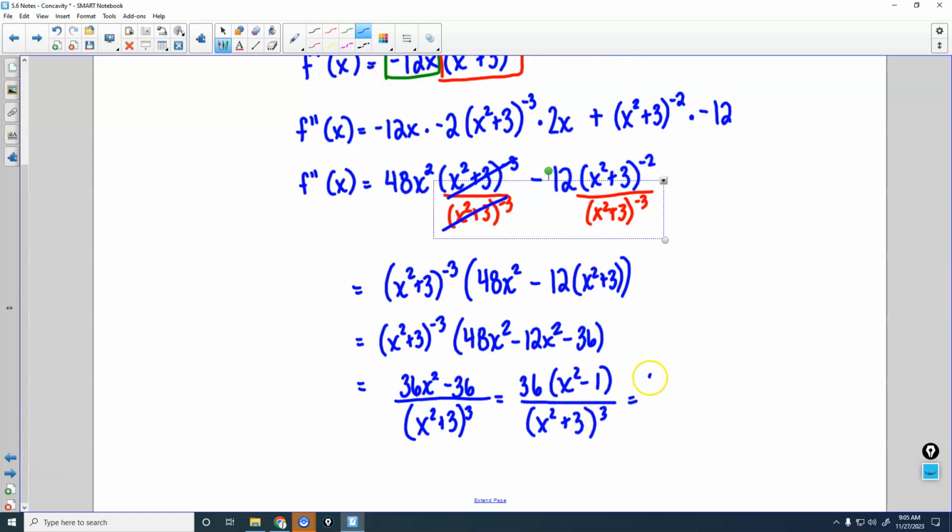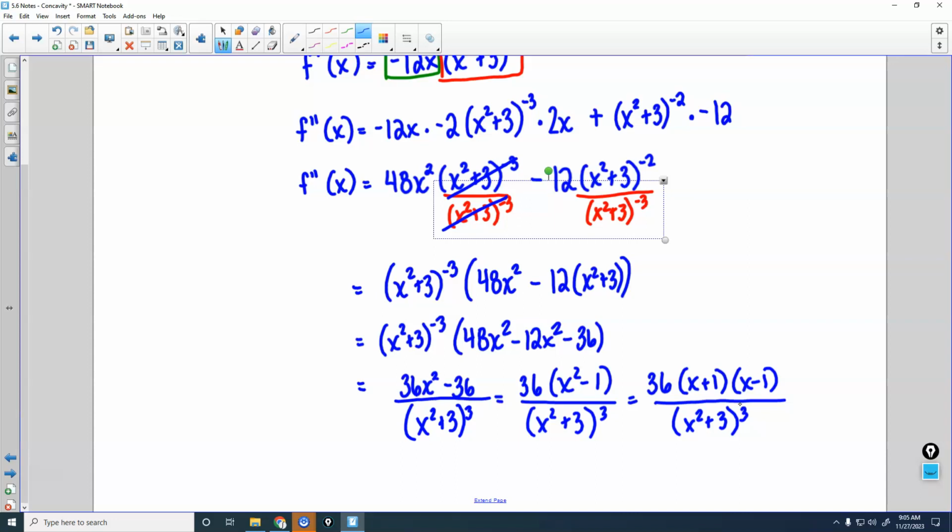You could even do this right here if you want: x plus 1, x minus 1, over x squared plus 3 to the 3rd. Yeah, that's just the second derivative. Now we got to test, right?